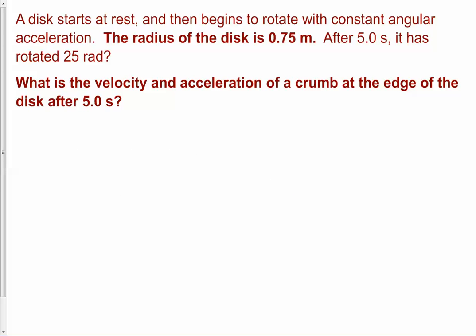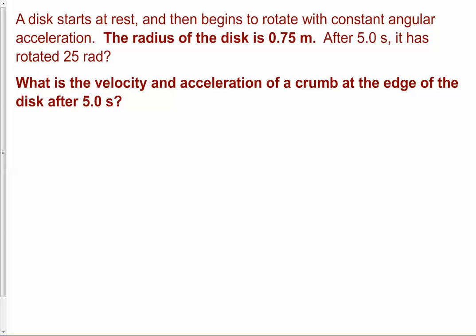Okay, a quick example of that. A disk starts at rest and then begins to rotate with constant angular acceleration. So this is actually like the previous example we did, but what's in bold here is some additional information. The radius of the disk is 0.75 meters. After 5 seconds, it has rotated 25 radians. That's just like before.